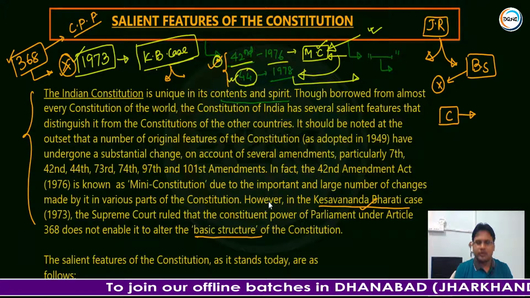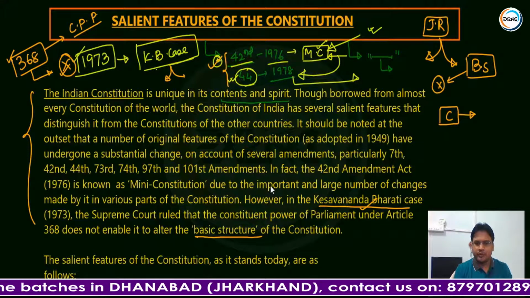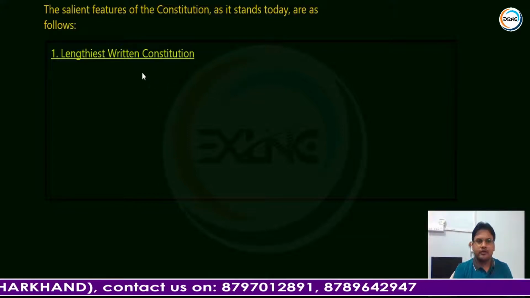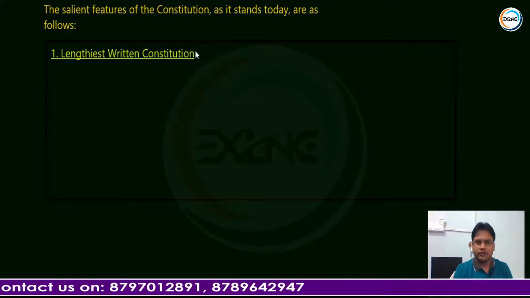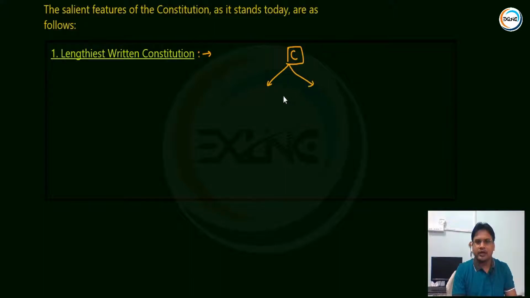ठीक है, so while keeping this in mind, let's study some of the important features one by one. जो first feature है, that is the lengthiest written constitution of the world. Friends, according to books, when you read, the constitutions of the world are classified into 2 categories, that is written constitution and second is unwritten constitution.